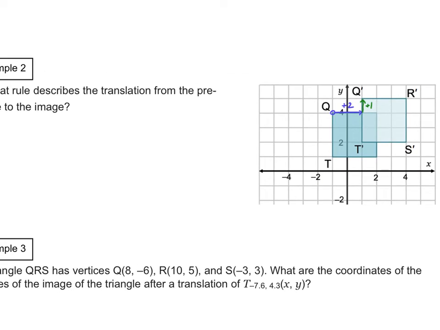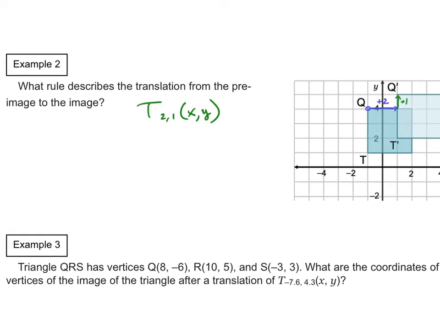Now, I could say then that we had a translation of 2, and I guess I don't even need the plus because we know 2 is positive. Or I could use a rule. Okay, I'm using a rule then. If I had x, y mapped to x plus 2, and, sorry, having some problems here, y plus 1, that's a mapping rule.